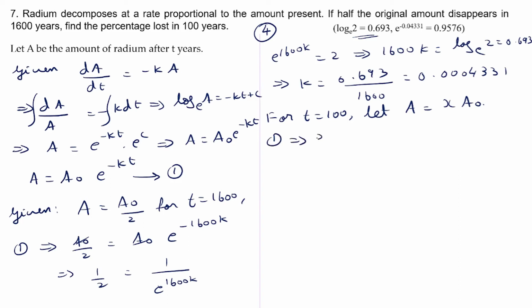This implies x into A naught equal to A naught into e raised to minus 0.0004331 t, and t is given as 100, so into 100.